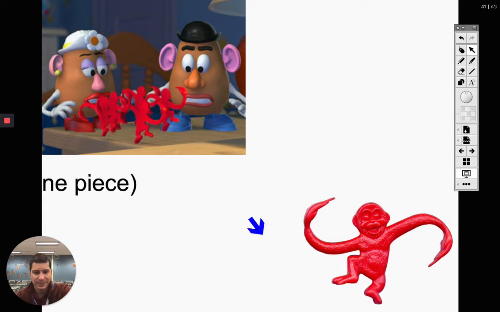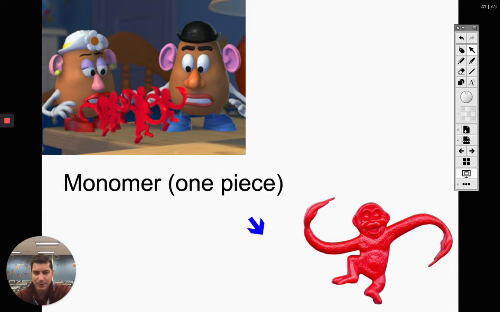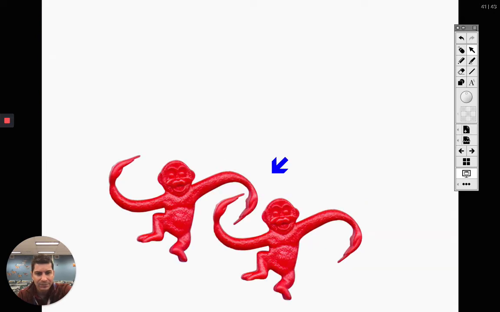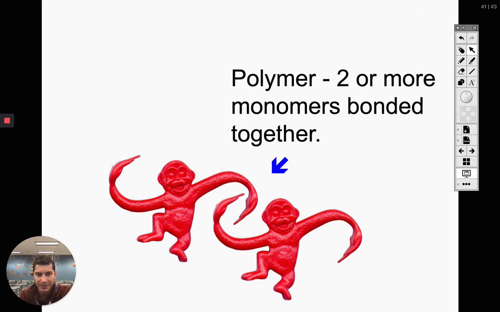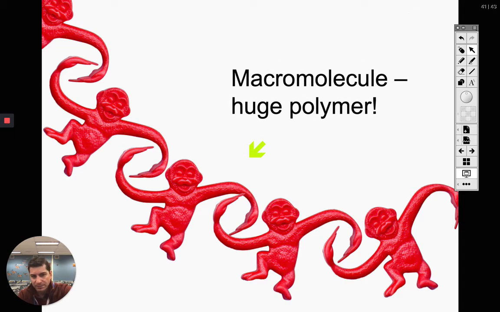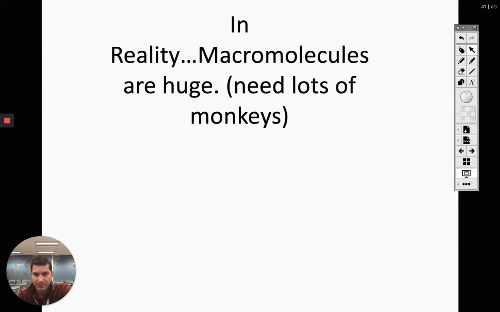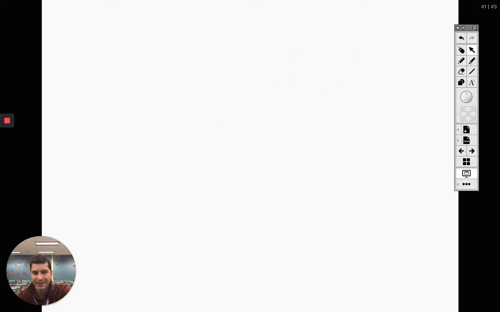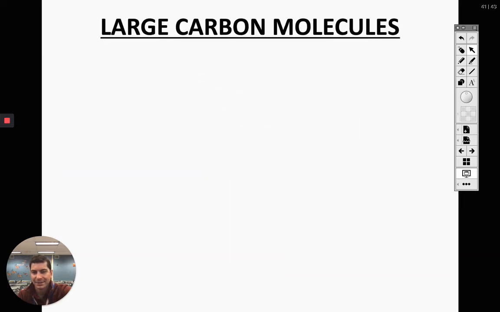I always thought of it as like one monkey is a monomer, one piece. And then as we put the monkeys together, we now have two monkeys together. I know I can't put the hands perfect, but we have a polymer. When we do a bunch of them, it's a macromolecule. In reality, guys, we would need a whole lot of monkeys, okay? And I don't have that many monkeys.